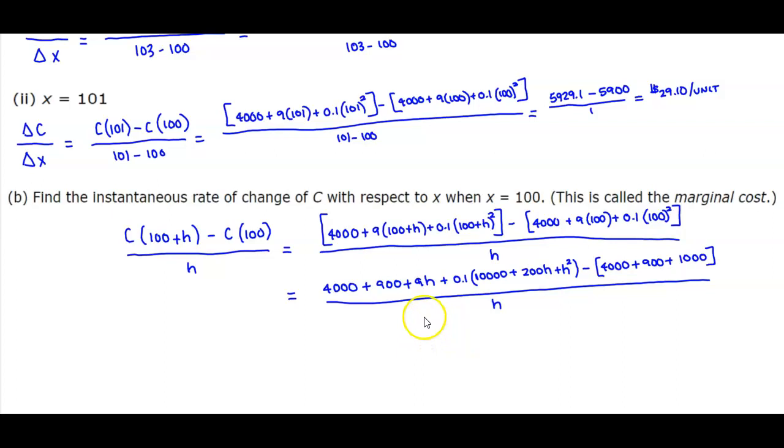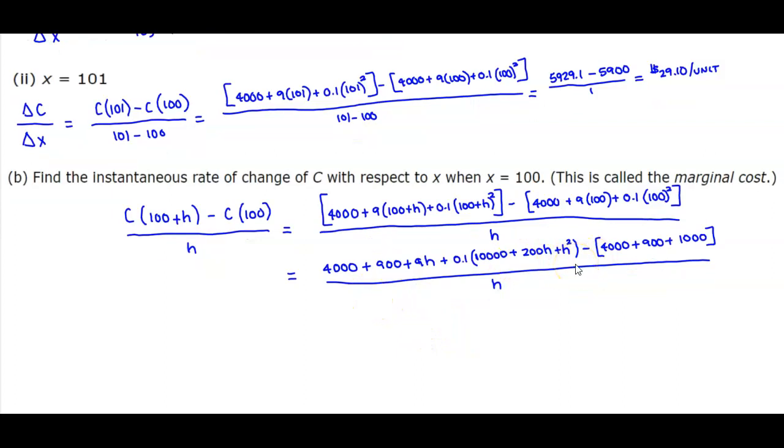Okay, now let's go ahead and distribute. So we have 4,000 plus 900 plus 9h plus 0.1 times 10,000 is 1,000. 0.1 times 200h is 20h plus 0.1h squared.